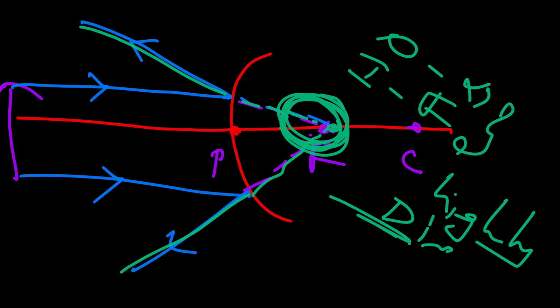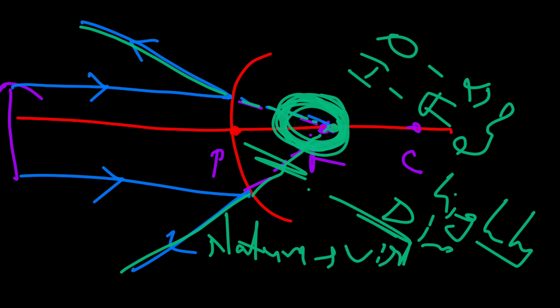And coming to the nature, the rays haven't met directly, right? So we have to extend them backward to meet at one point, and those types of images we call virtual and erect images. Virtual and erect images have been formed here, right? So did you get it?